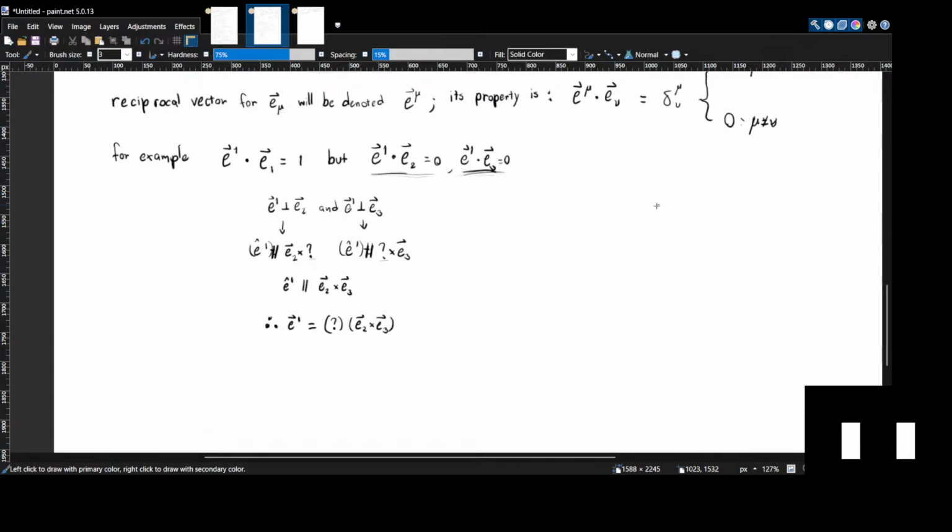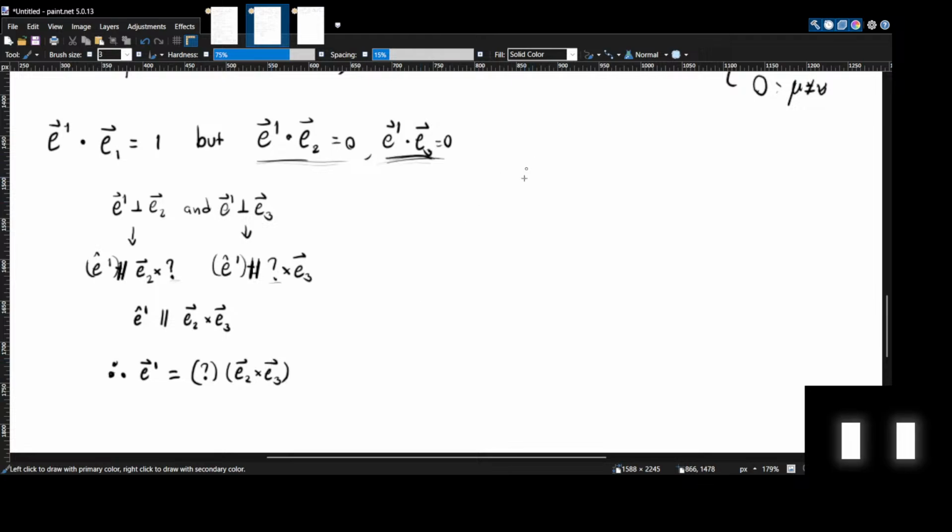All right. So the next condition is such that E1 dotted with the E1 must be equal to 1.